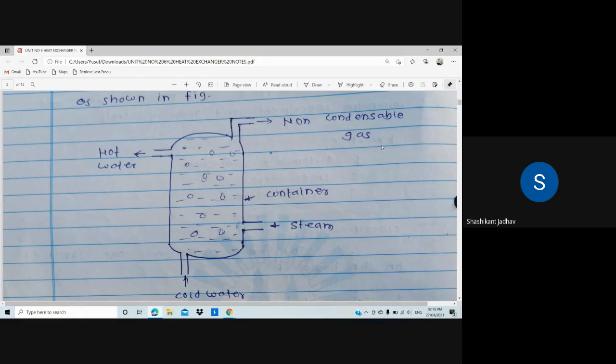After completion of this diagram, put that message in the chat box so that I will proceed. Okay, the diagram is over. Anyone reply in the chat box?